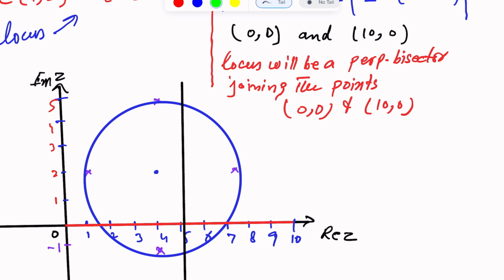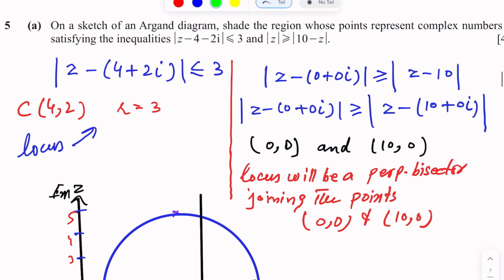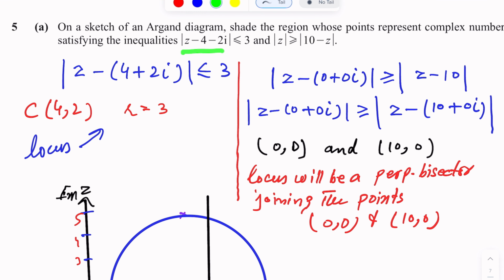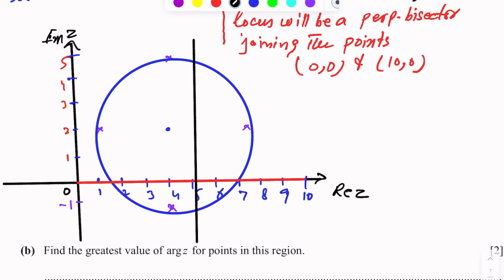So we have these two loci: one is a circle, and the other is this vertical line that passes through 5. So we shade the region which satisfies both these inequalities. The locus will be this shaded region.